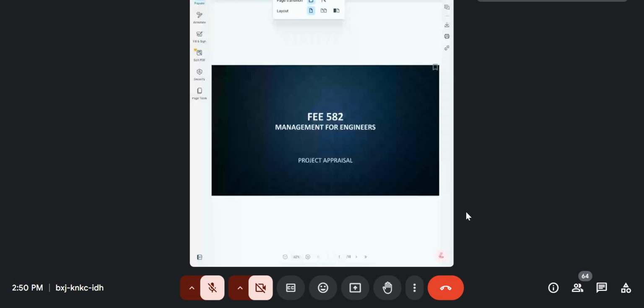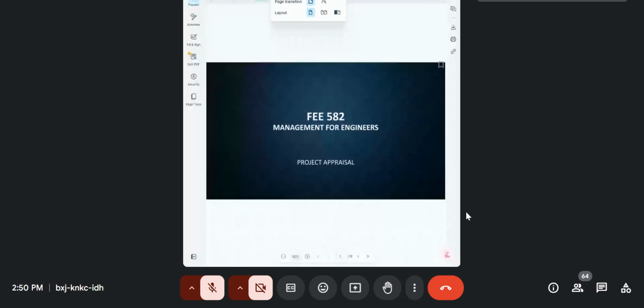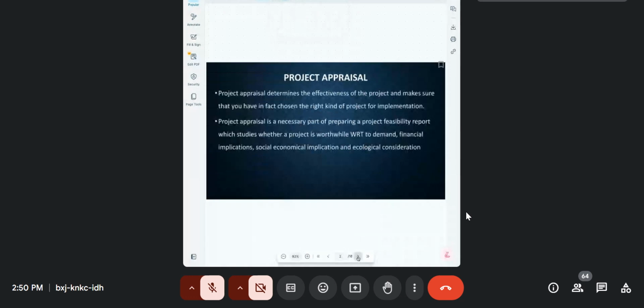So we've already done the first part, that is project identification. Now we have our list of projects. Now we need to appraise these projects so that we can narrow down to the one that we want to do. Project appraisal determines the effectiveness of the project and makes sure that you are in fact choosing the right kind of project for implementation.